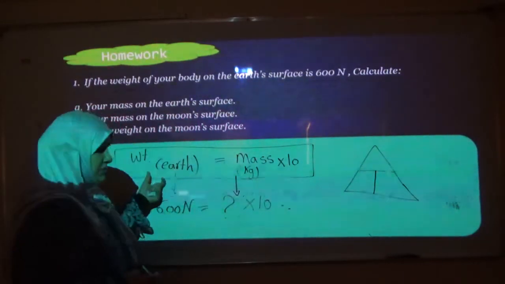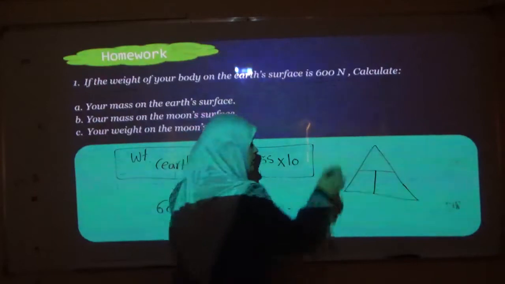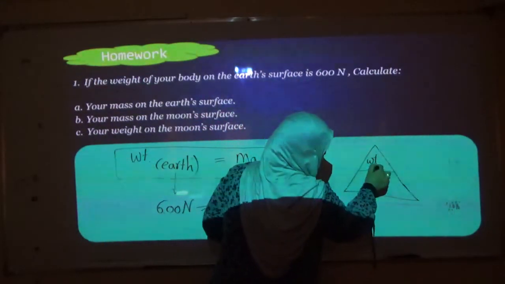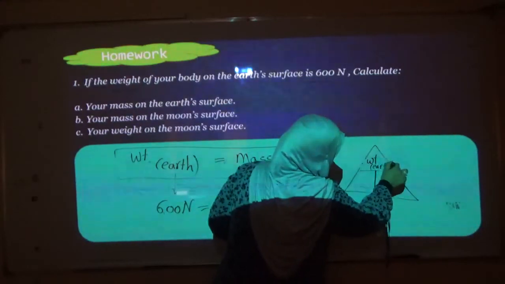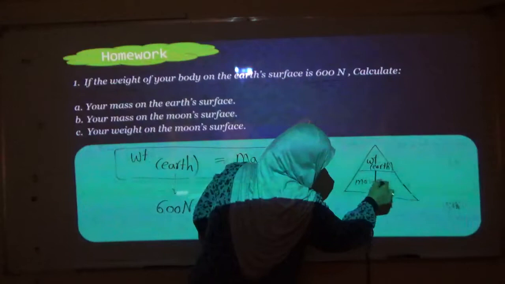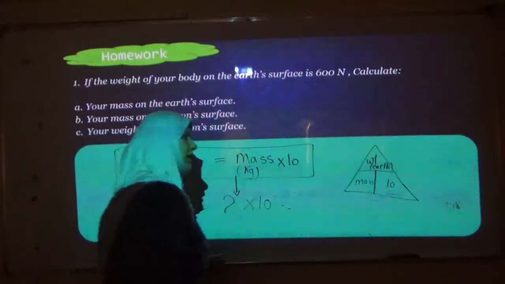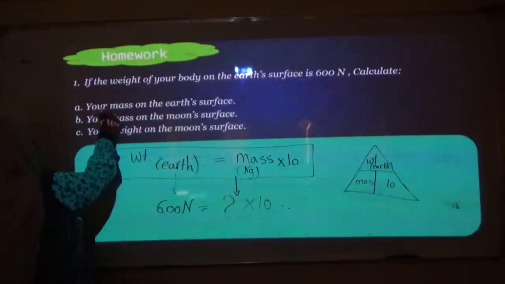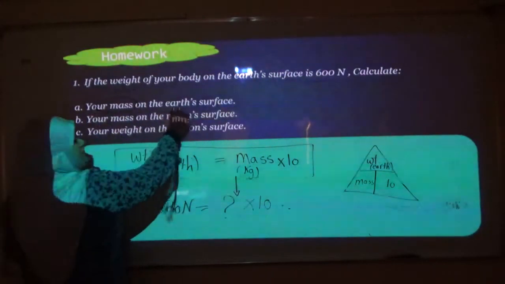We have the weight on the earth equals mass multiplied by 10. So here I put the weight on the earth, and here I put mass times 10. What do we want to measure here? We want to measure the mass on the earth.